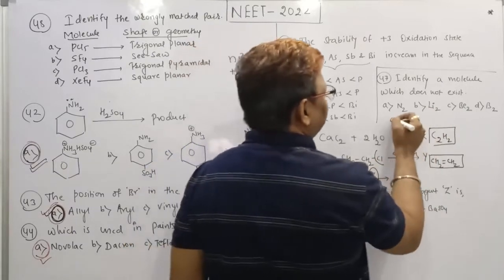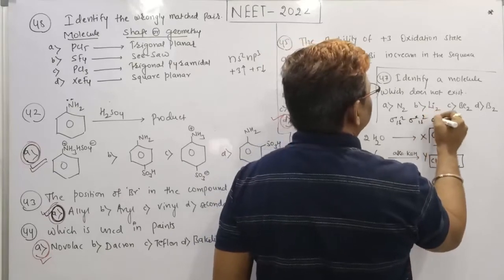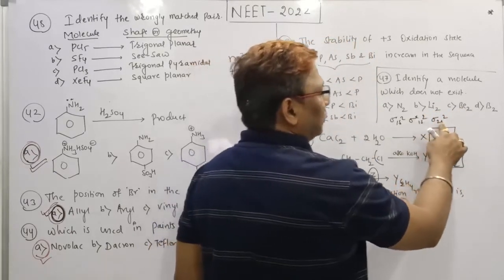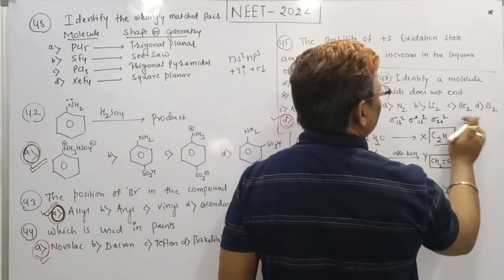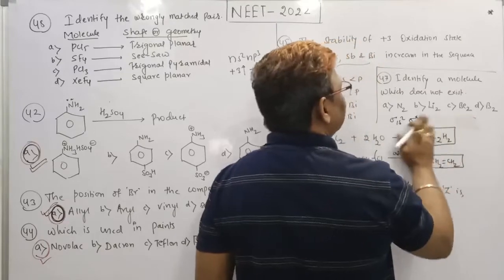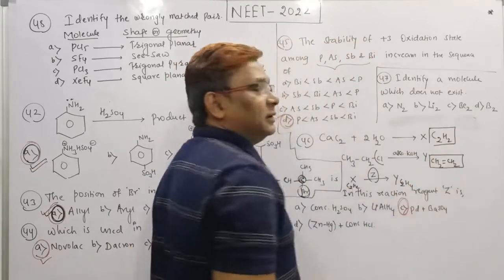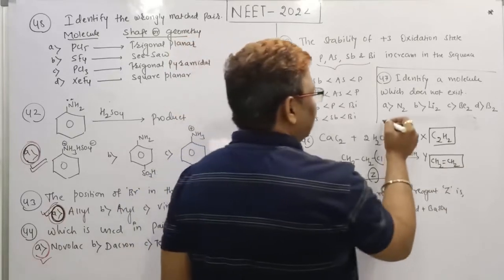Sigma 1s2, sigma star 1s2, sigma 2s2. Bonding how many? 2 plus 2, 4. Anti-bonding how many? 2. So 4 minus 2, by 2, is 1, which means yes, Li2 will exist. Beta, Be2: atomic number of beryllium is 4, 4 plus 4, 8.